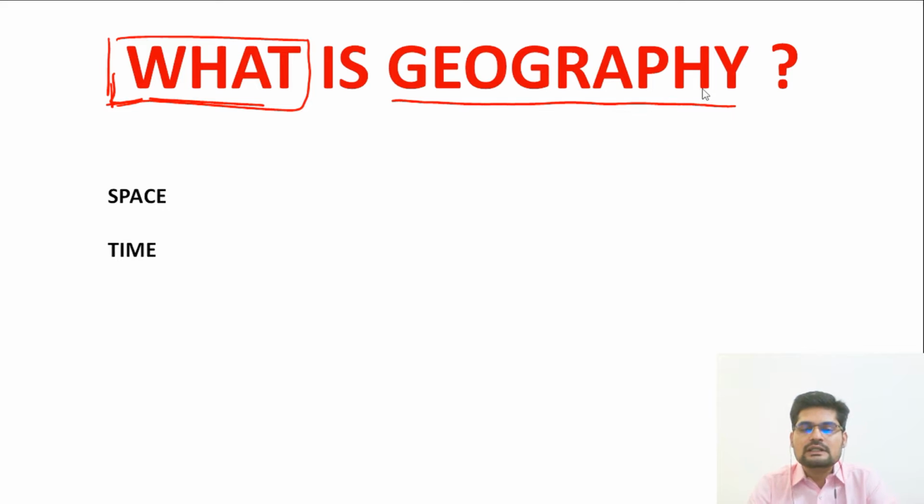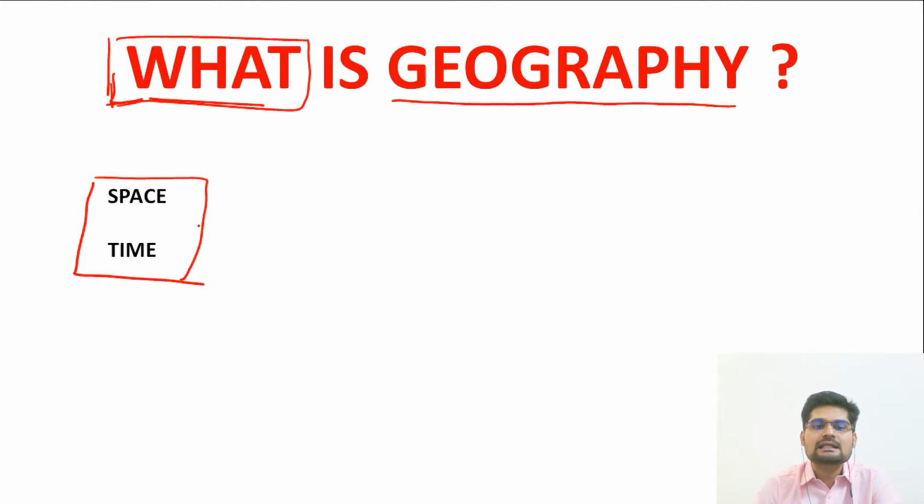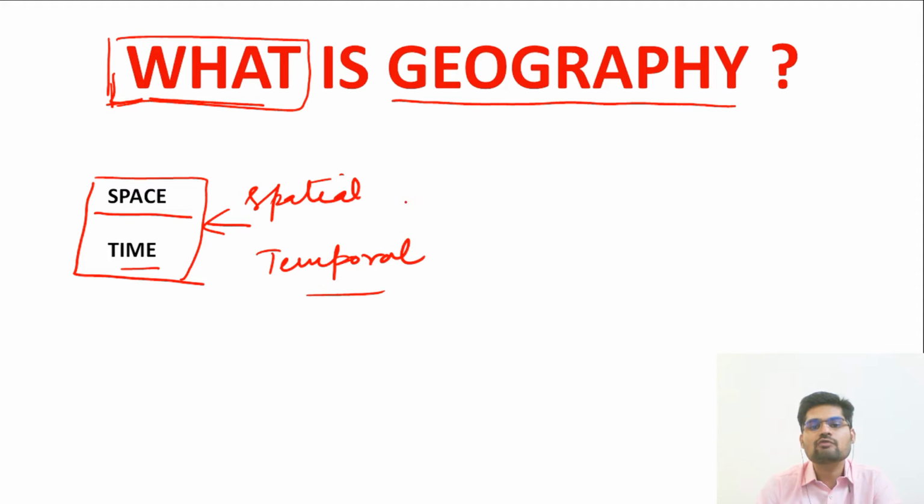First important thing is that geography is one subject that talks about two important components, that is space and time. So we study space as well as time. So spatial analysis is also there as well as temporal analysis, of what?